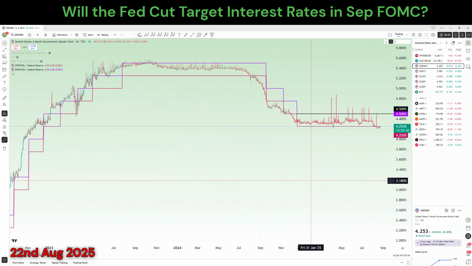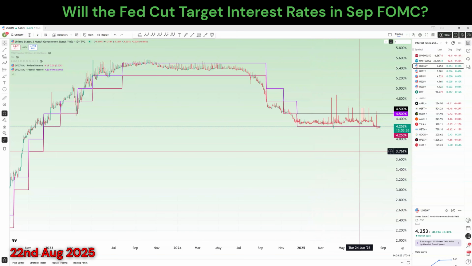So closer to the FOMC in September, when you take out this chart, if it is within this 4.25 or 5, then we can be quite sure that there will be no rate cuts. Okay, if it fell below and stay below for some time, then that will be the target cuts that you should expect in September.